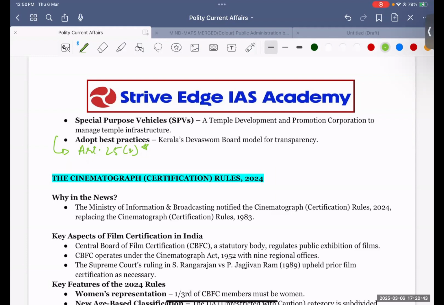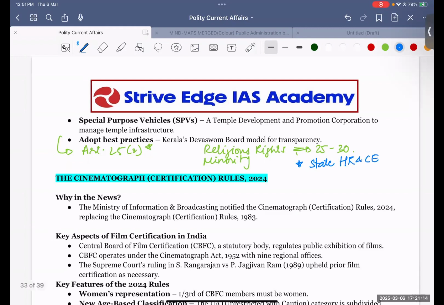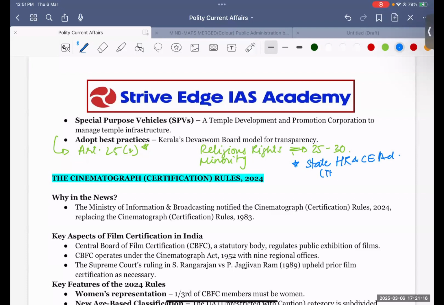Also, the religious rights and the minority institutions, those fundamental rights also become important. So Articles 25 to 30. Also give a read to the state HR and CE, Charitable Endowments Acts, in Tamil Nadu, Karnataka, all these models.